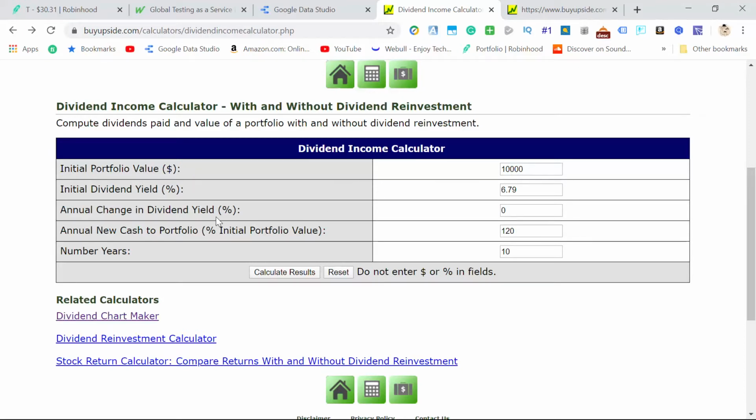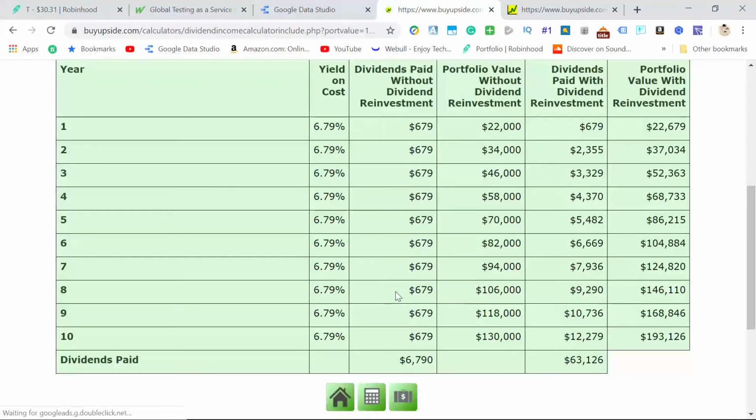Initial dividend yield 6.79. Annual change dividend yield, we're going to keep that at 0. The annual new cash to portfolio, we're going to say it's 120%. So each year for 10 years, you're going to be putting 120% of $10,000 into this account each and every year. And this is what it's going to come out to be.